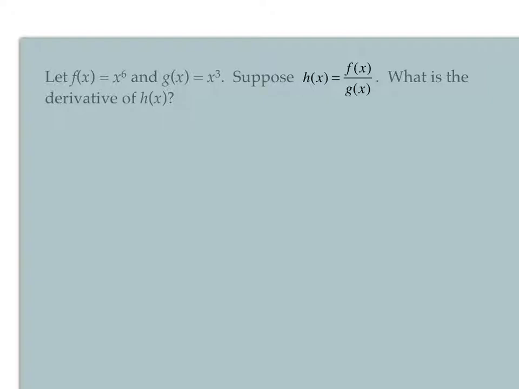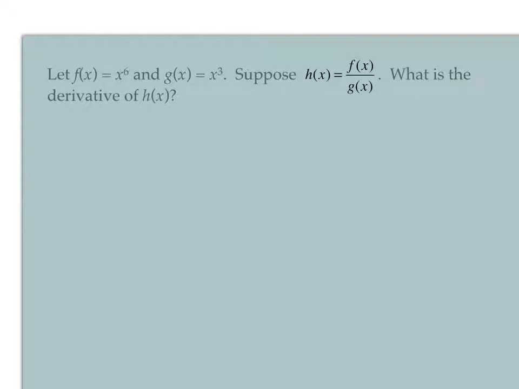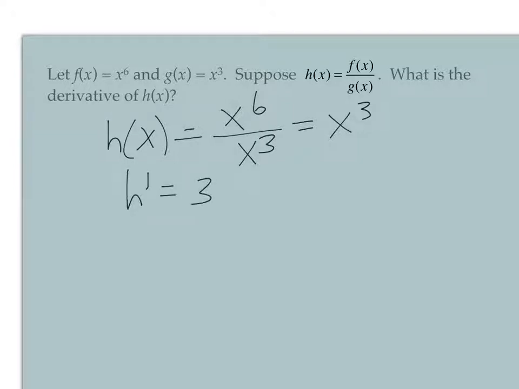In this case, if we have h of x equal to f of x divided by g of x, so h of x is x to the 6 divided by x cubed, the easiest way would be to simplify that into x cubed, and the derivative of that is 3x squared. That would be the easiest way to do that one, and it's definitely how I would do it. That's just dividing them first and then writing the derivative.